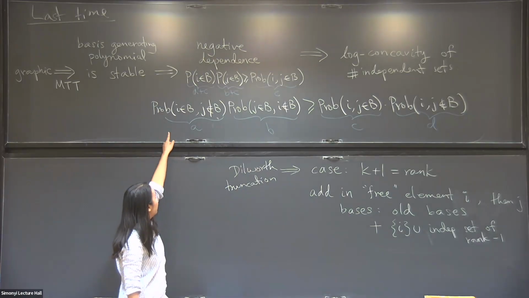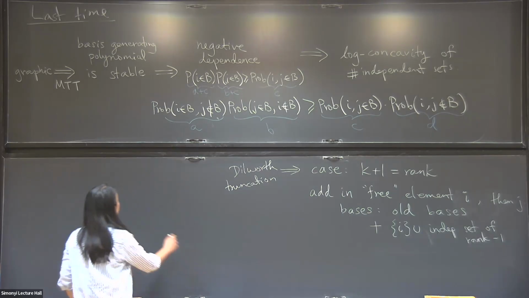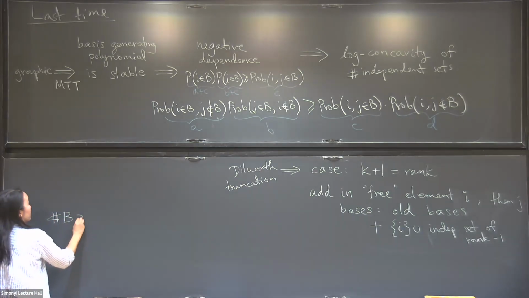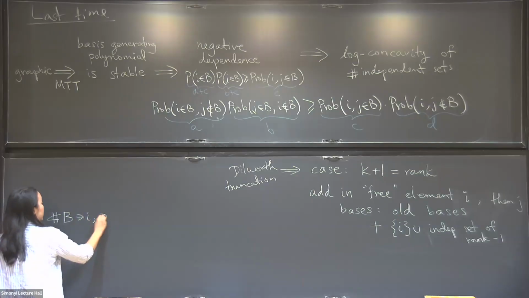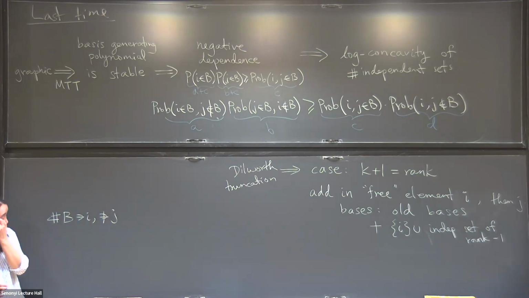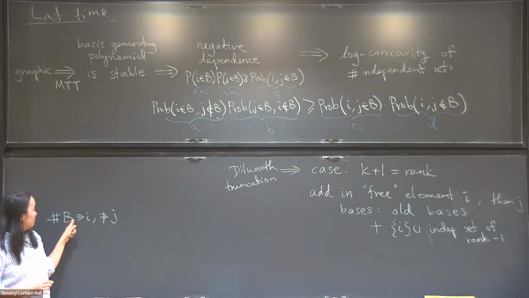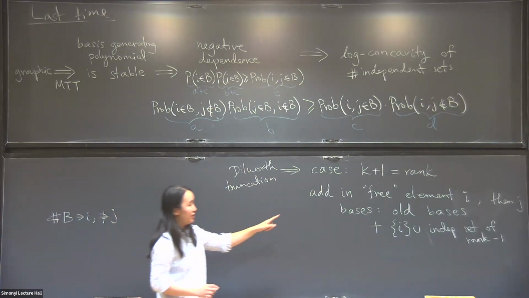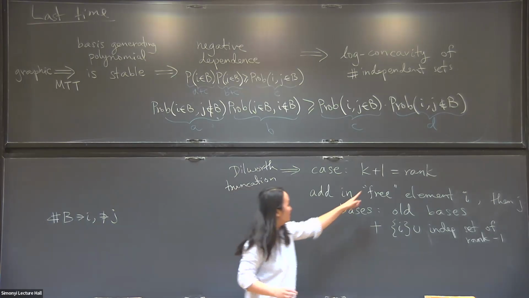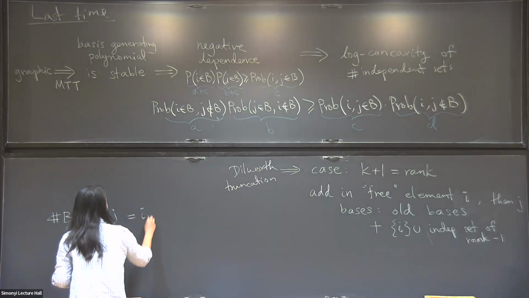Let's count the number of bases that contain I but do not contain J. You can ignore J, and the number of bases that contain I is the number of independent sets of size rank minus 1, and rank minus 1 is equal to k. So this is i_k.